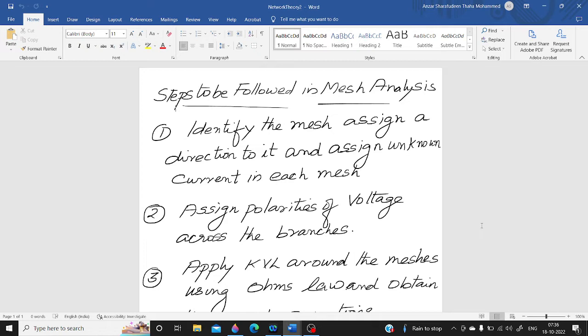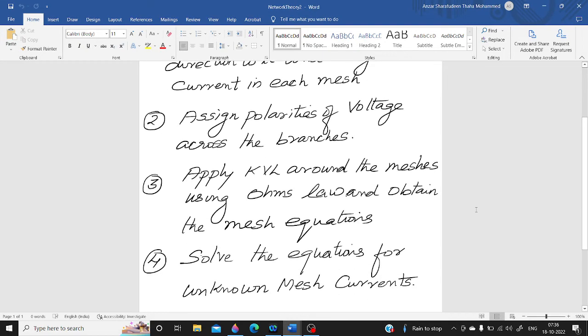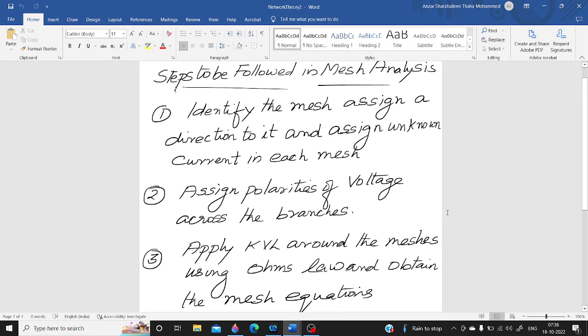The second step is assign polarity of voltages across the branches, or across the mesh. Then apply KVL around the meshes using Ohm's law and obtain the mesh equations. And the last step is solve the equations for unknown mesh currents. If we follow these steps in a step by step manner, we can easily find out the solution for the network.